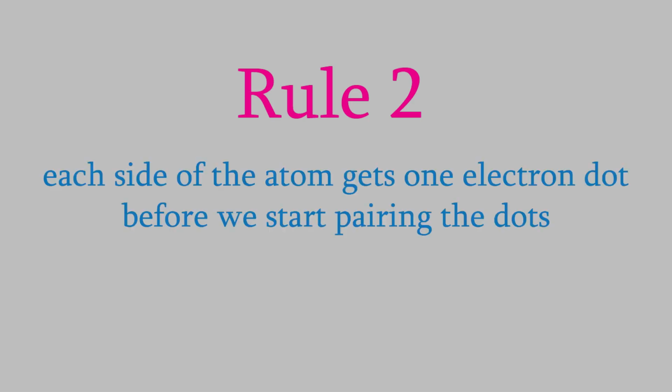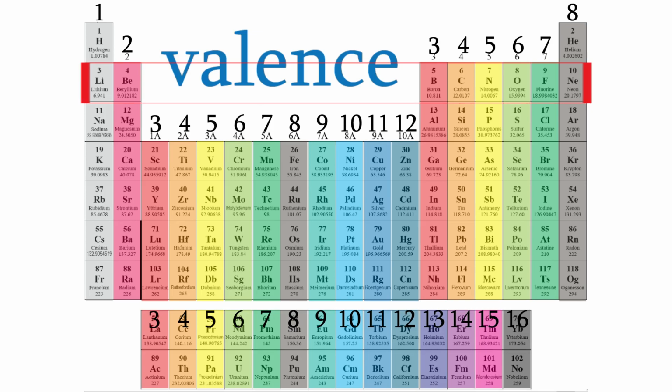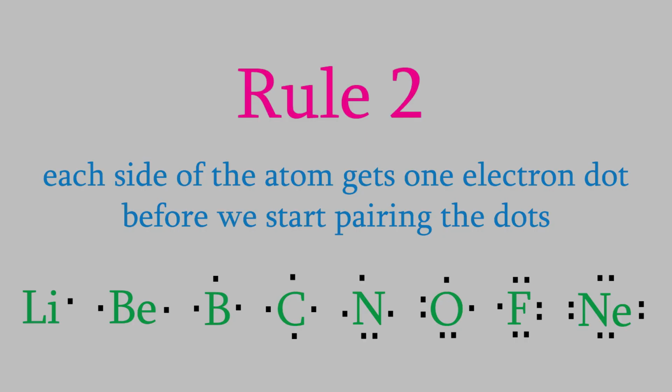That means each side of our Lewis dot structure should get an electron before we start to pair them up. So, for example, the Lewis structures of the second row of the periodic table look like this. The dots go 1 per side until each of the 4 sides of the element have a dot, and only then do we start pairing them.